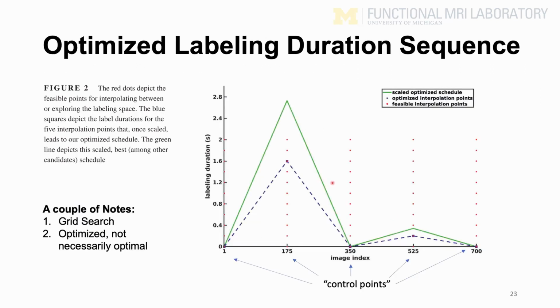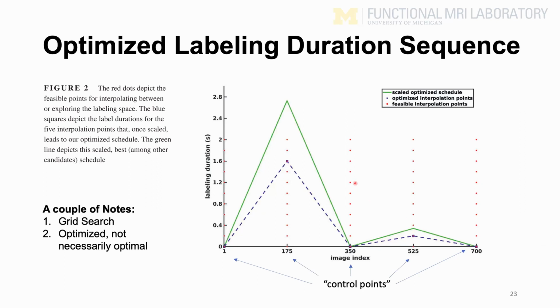So the way we searched for it is we said, well, we're going to get 700 images, and we're going to select these 5 control points, and we're going to look for different values at these control points of the labeling durations, and essentially interpolate between them.